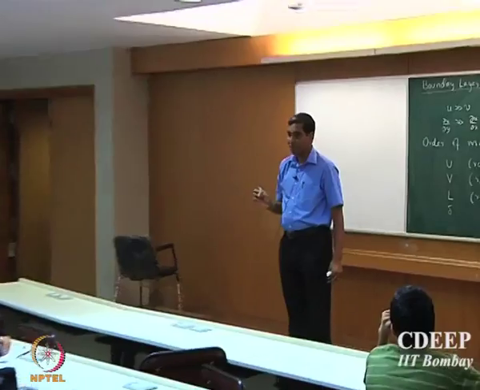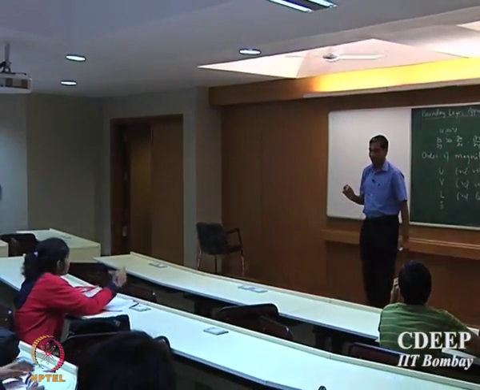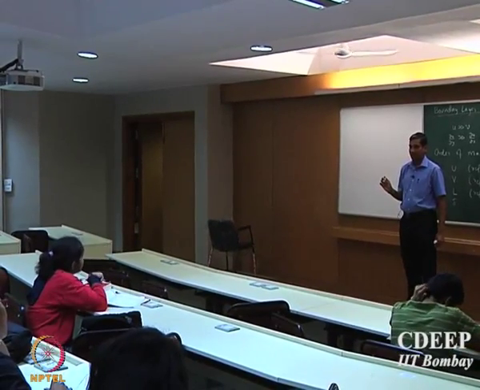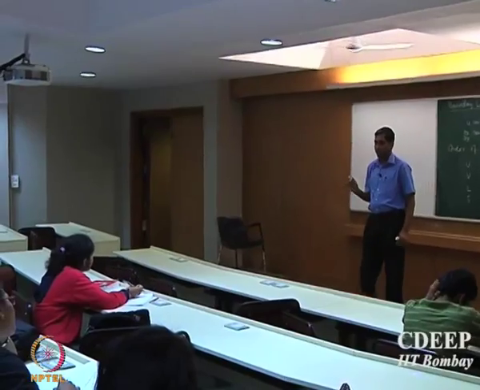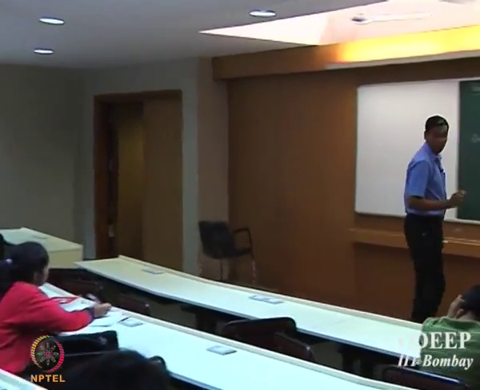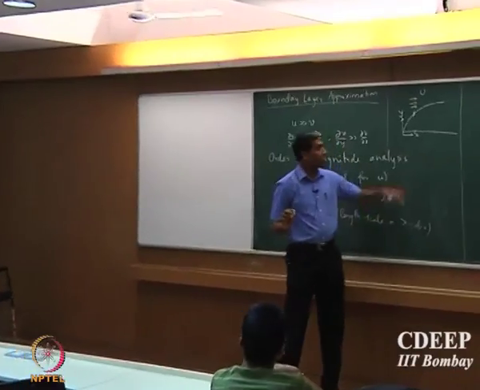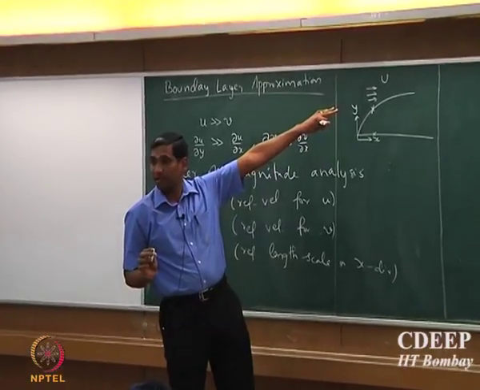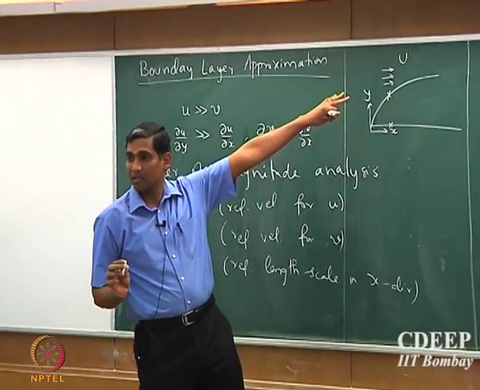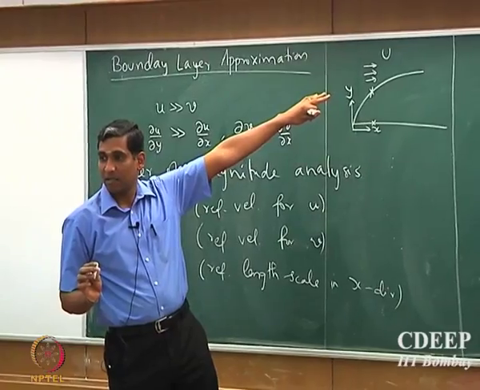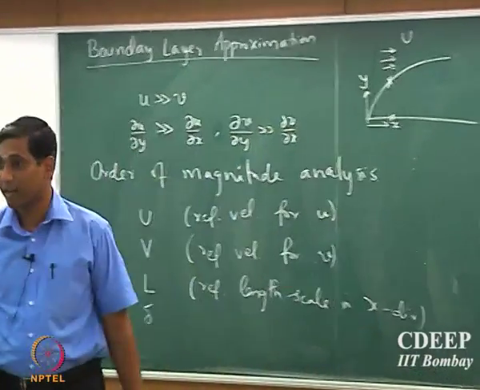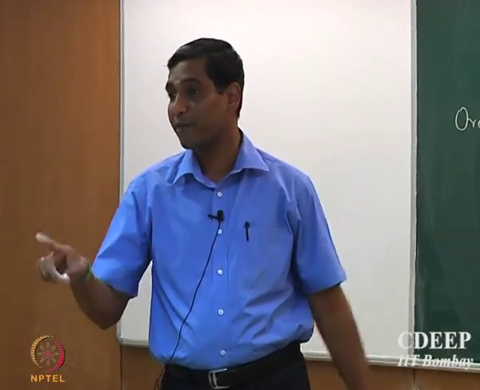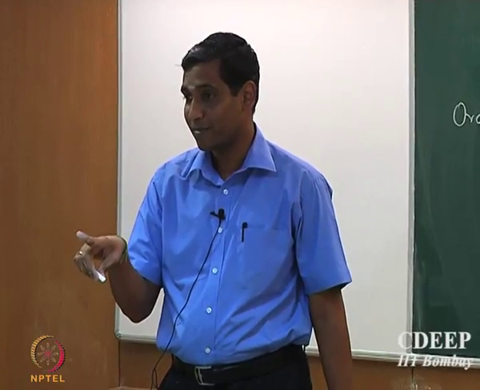No, not really. If you look far away in the free stream, it will be primarily in the x direction, outside the boundary layer. But that's because your boundary layer is defined at 99% of the free stream velocity.